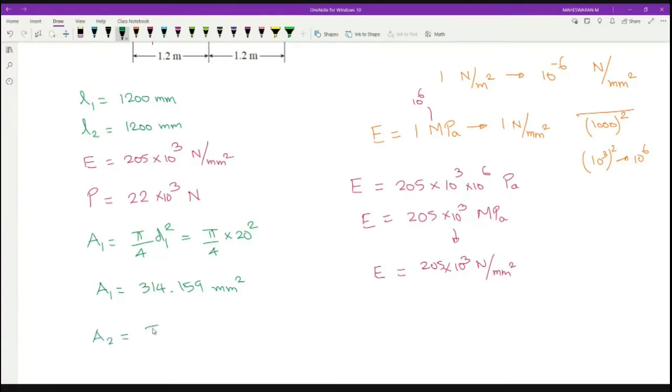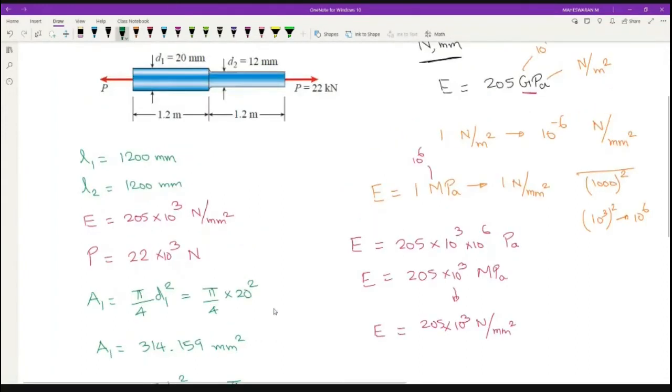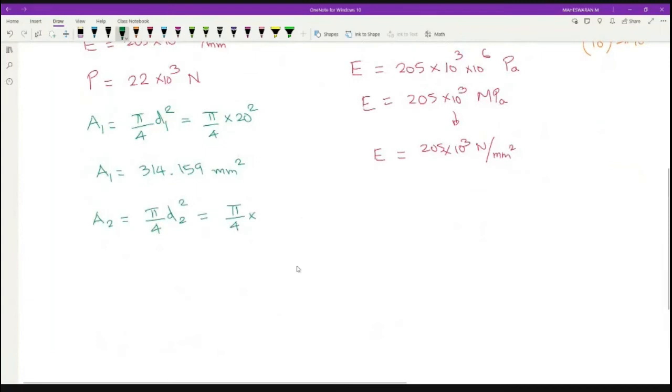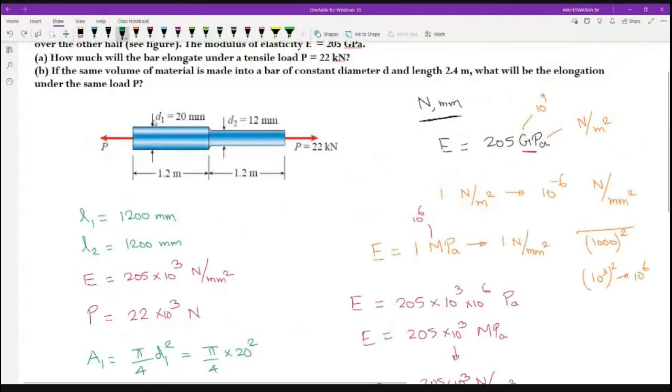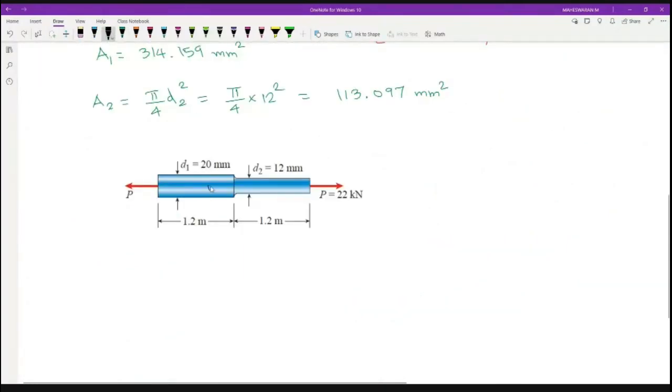Area 2 is pi by 4 D2 square, which is equal to pi by 4 into 12 square, which is 113.097 mm square. We identified all the values. All I have to do is substitute. That's it. Let me consider this as the first part and this is my second part.